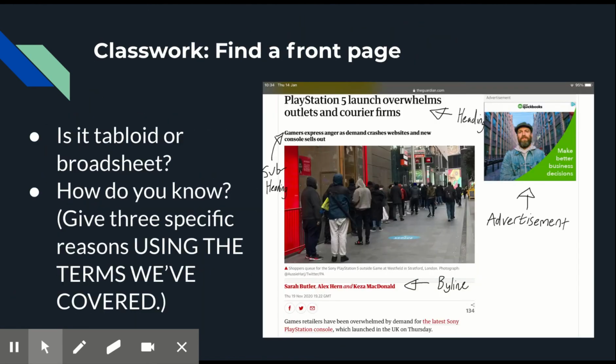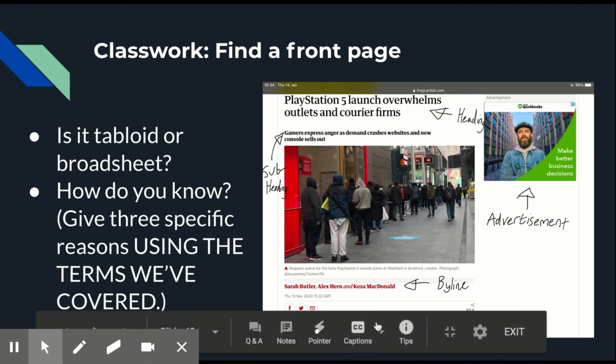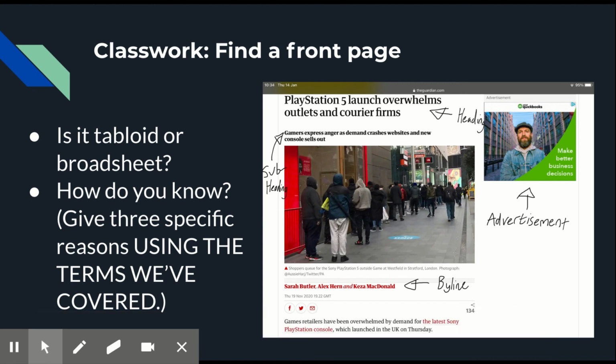For example, this is a shout out to someone who did a good job on their homework too, labeling their homework. They did 1 extra. So this person might go back to this article. I haven't shown you where it comes from, although you can see in the small print. They might say, okay, this article is clearly a tabloid, or clearly a broadsheet, and I can tell because the heading does what, right?